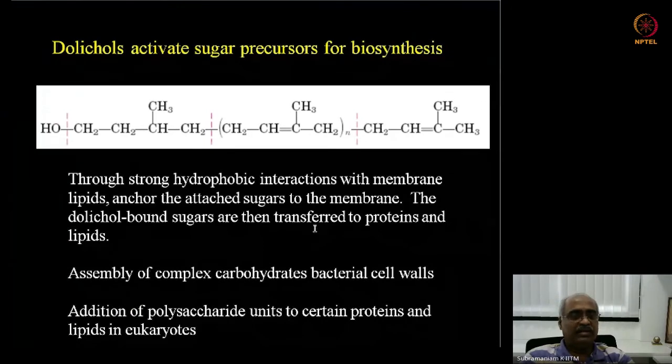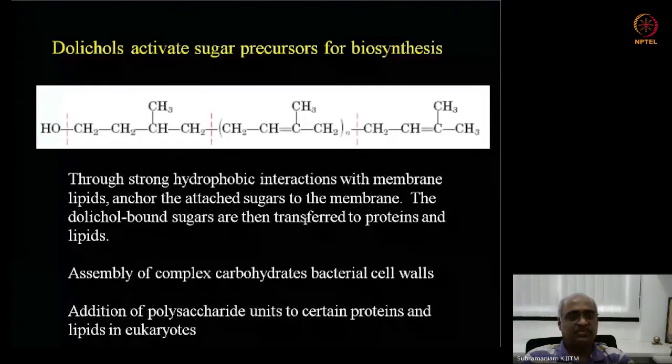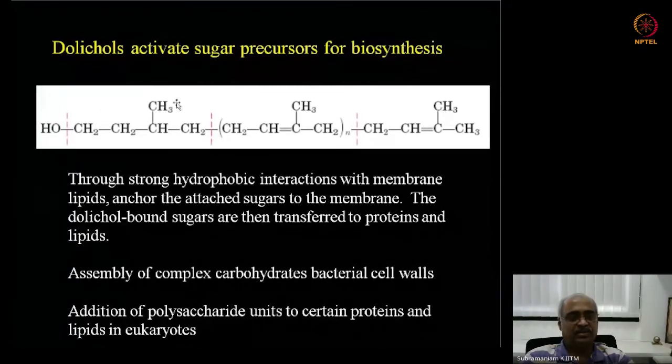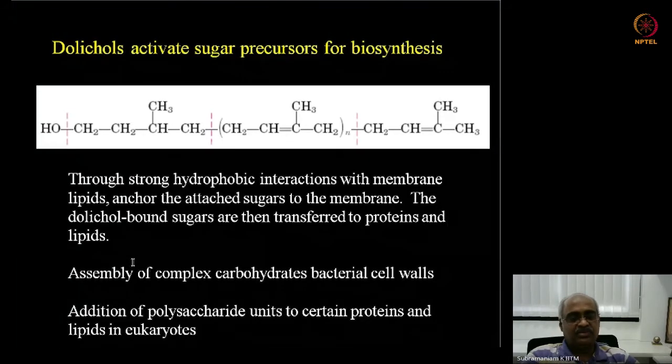So this is the dolichol. Vitamin K is a version of dolichol, just that the dolichols don't have that aromatic group. These dolichols are important for activating sugar molecules. For example, the enzymes that are going to add sugars to lipids to make glycolipids.